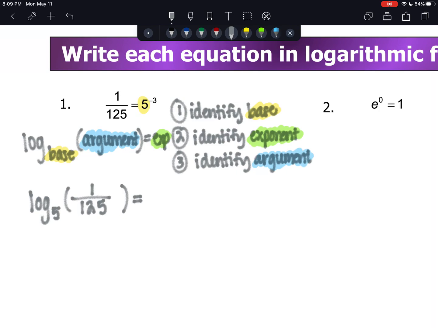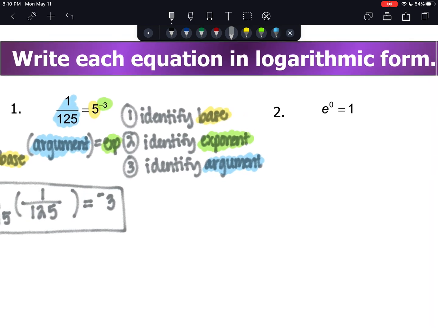And the logarithm, log base 5 of 1 over 125, is the number of times we're going to multiply 5 by itself. And that would be not just 3, but a negative 3 because we have that fraction, 1 over 125. So our base is 5, our exponent is negative 3, and our argument is 1 over 125. So that's written in log form.